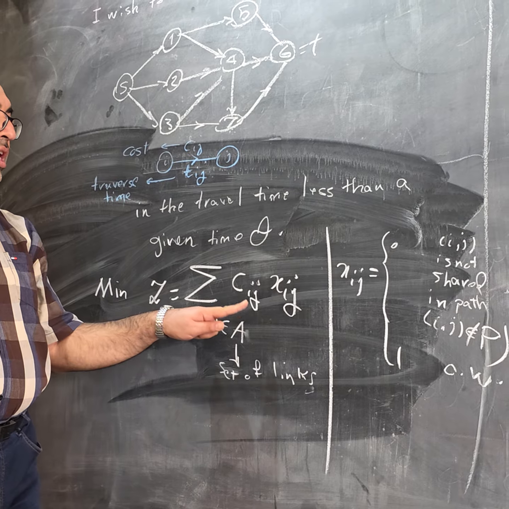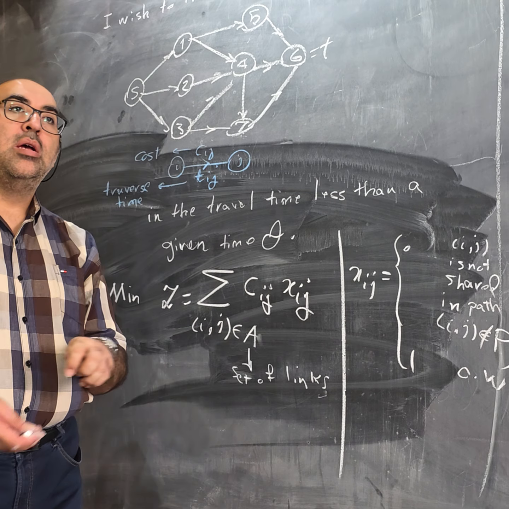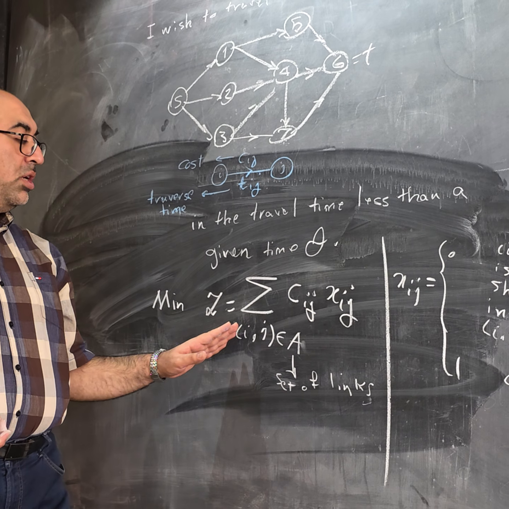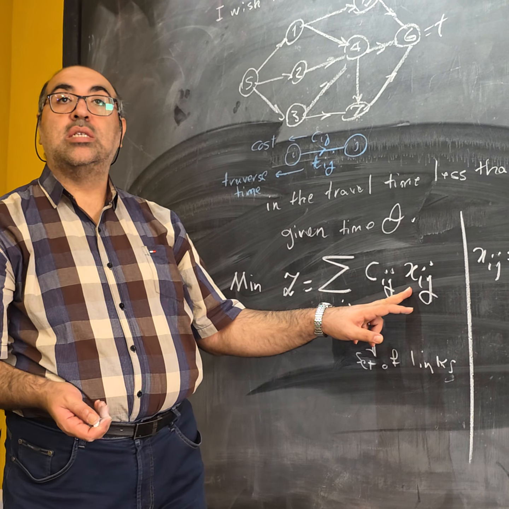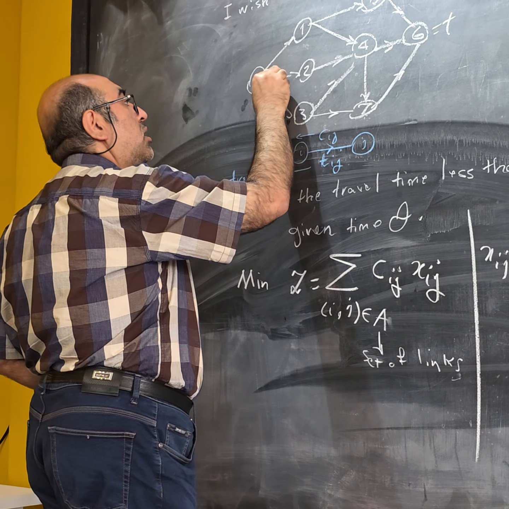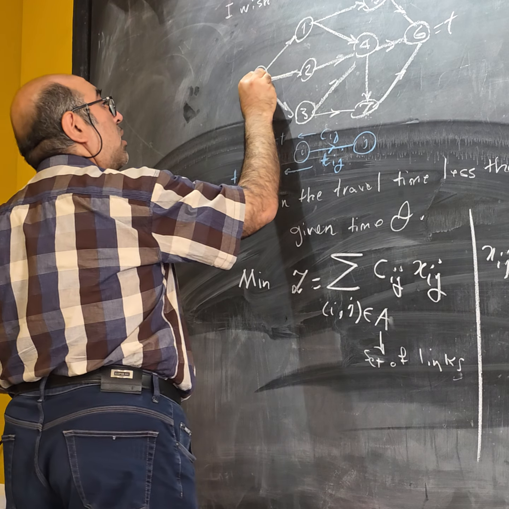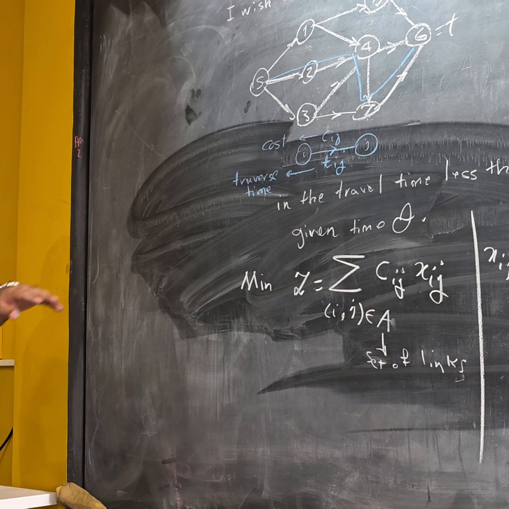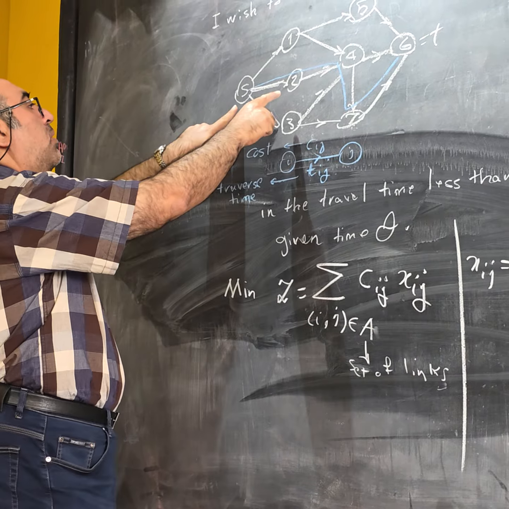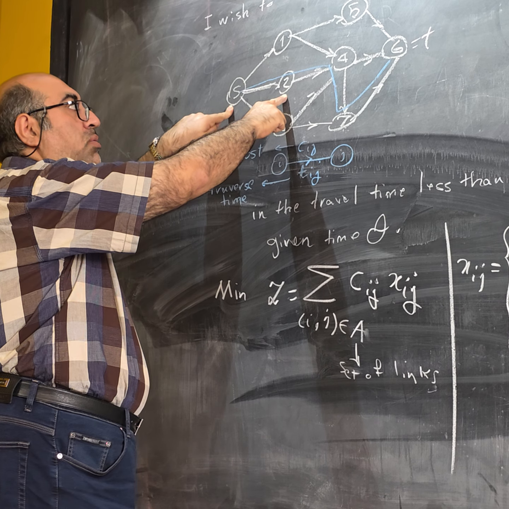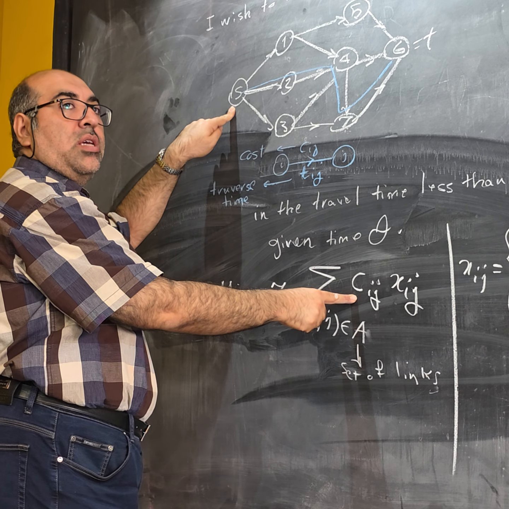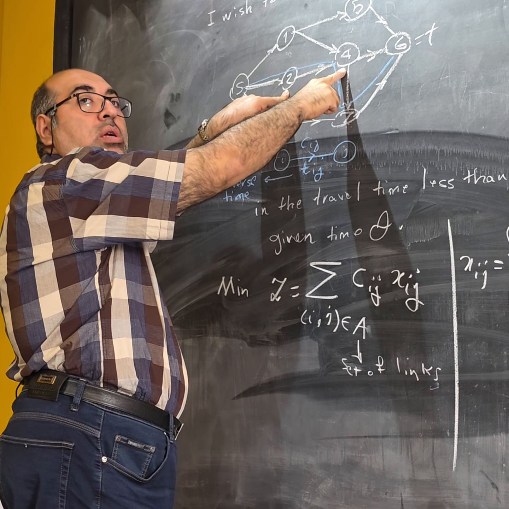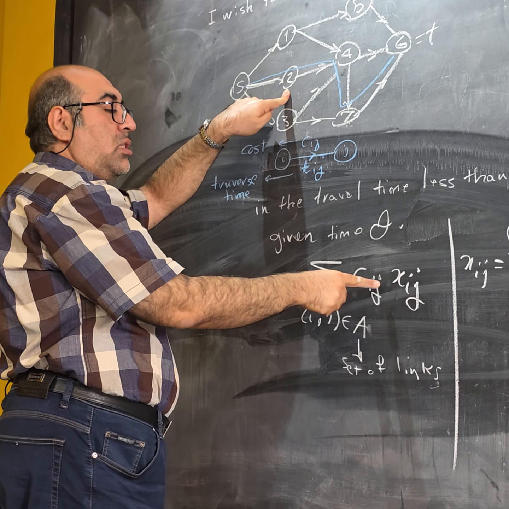If you calculate Cij multiplied by Xij, some of the links are not selected, they are 0 and they cannot increase Z. For example, in the shortest path, maybe the link S to 2 is 1 multiplied by the corresponding cost, plus 2 to 4, X 2 to 4 is 1, and the corresponding cost is multiplied.